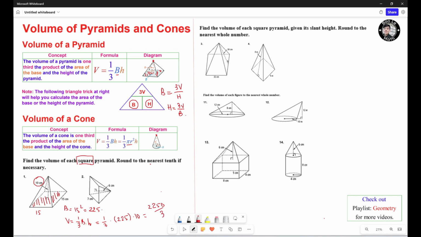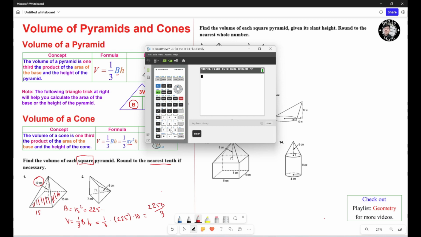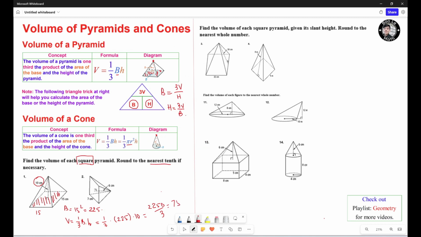You need to round to the nearest tenth. Alright, so we're going to bring up the calculator right here. 2250 divided by 3. Alright, the answer is 750. Alright, let's move on to the second example.